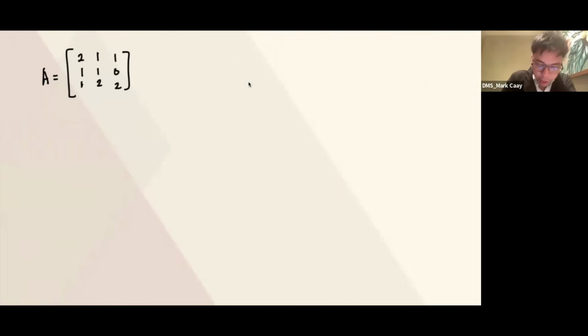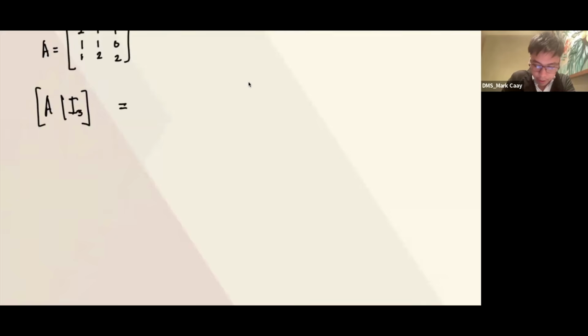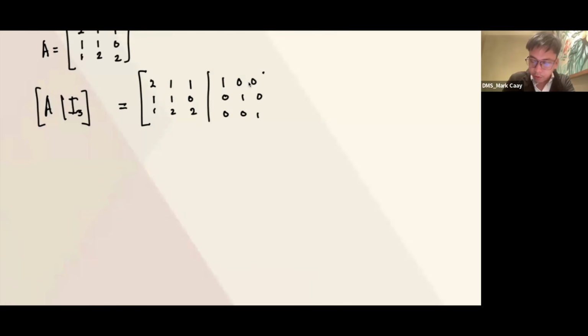Since A is a 3 by 3 matrix, I can write the augmentation as [A | I3]. This is the same as 2, 1, 1, 1, 1, 2, 1, 0, 2, augmented with 1, 0, 0, 0, 1, 0, 0, 0, 1. This is your A, and this is your I3.